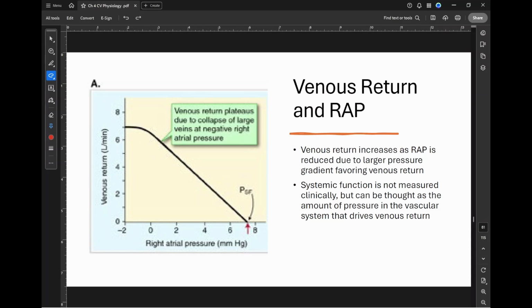As the pressure comes down, right atrial pressure goes up because more blood is able to get into the right atrium. Okay, high venous return, this is the flow coming back. Right atrial pressure goes up, the lower the venous return is. The pressure is there.